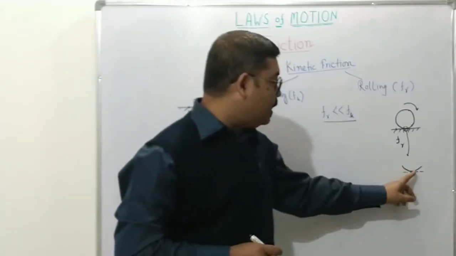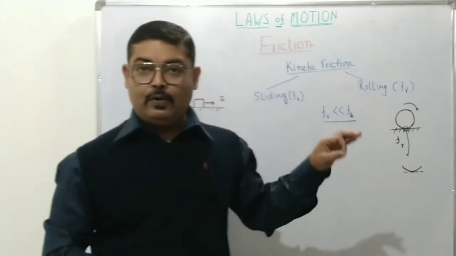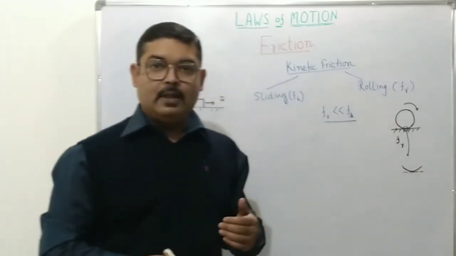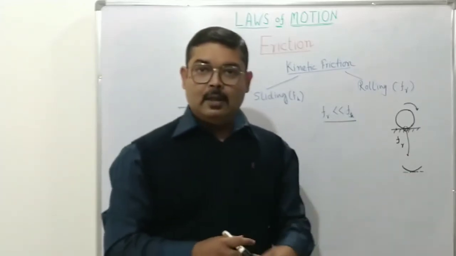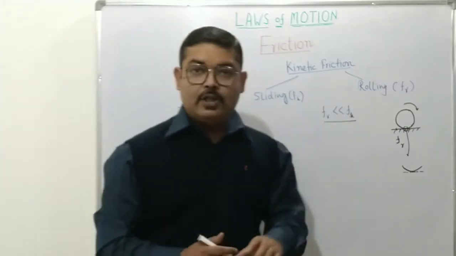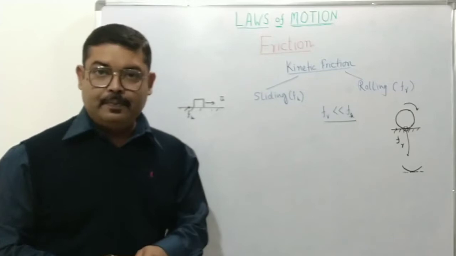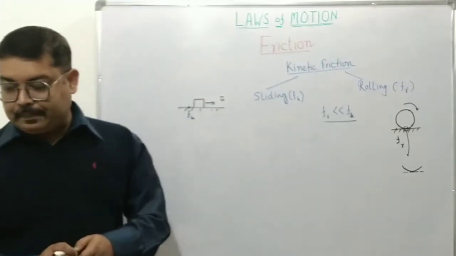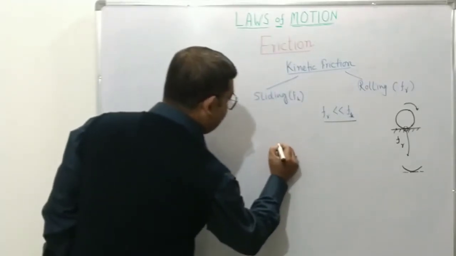The wheel, whenever it's in contact with the surface, doesn't slide either forward or backwards, thereby reducing the amount of force required to overcome this or keep the object rolling. And that is why the force of rolling friction is much less than the force of kinetic friction or sliding friction.